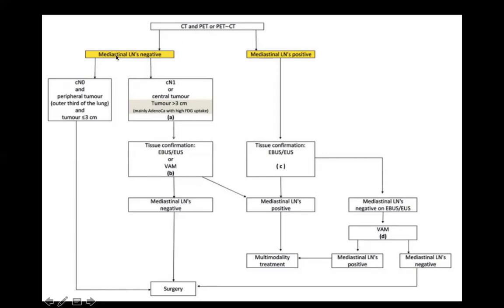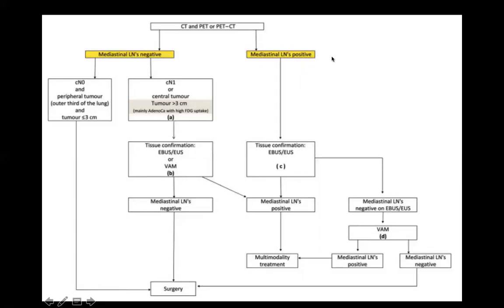So CT PET, mediastinal negative, N0, less than 3 centimeters, peripheral tumor, go straight to surgery. If it's a central tumor, tumor greater than 3 centimeters, tissue confirmation by EBUS or EUS or VAMLA, video assisted mediastinoscopy. If it's negative, go for surgery. If it is positive, then you have to go for multimodality.